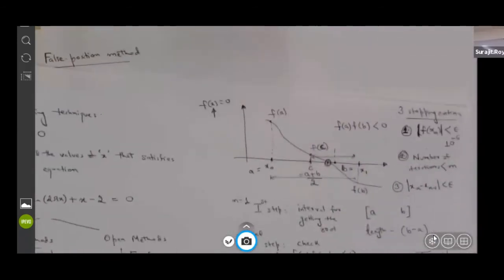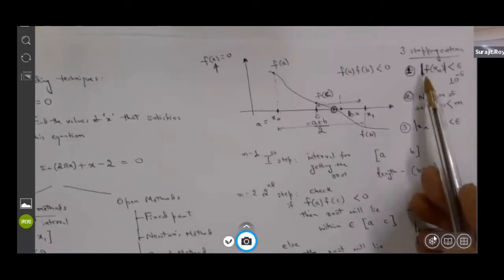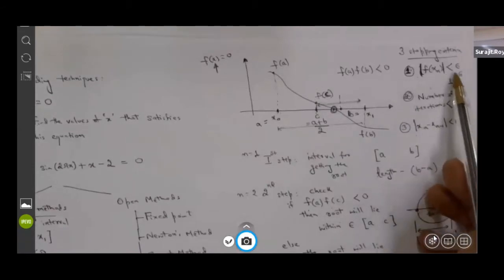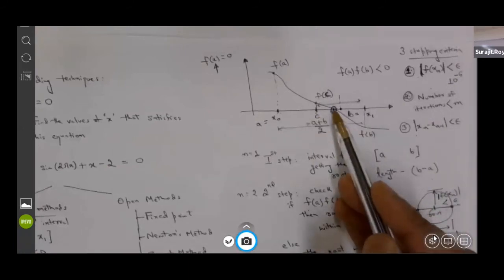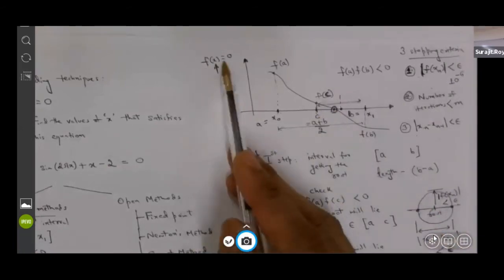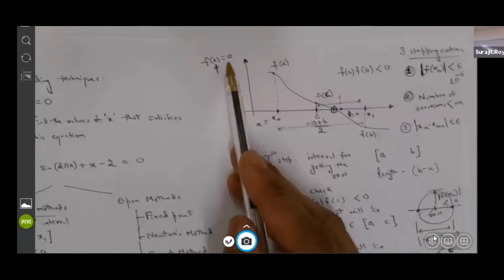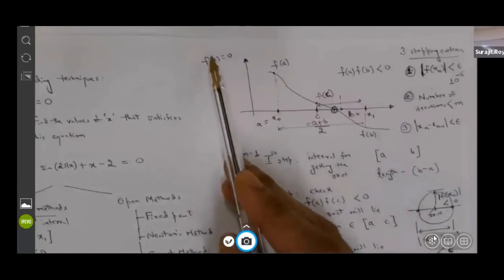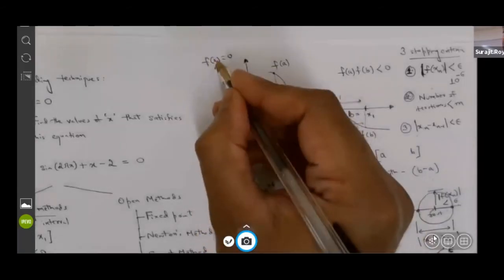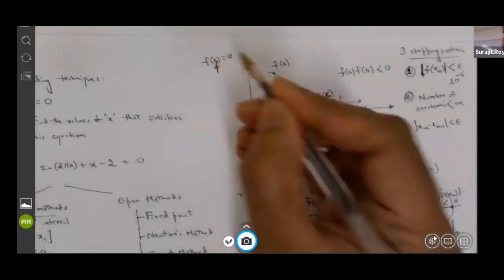So that is given by this condition, that your function value is very, very close to 0. The exact solution means the function value is exactly equal to 0, right? But if you do not know that value, this x is the actual root. So let me call it x naught.